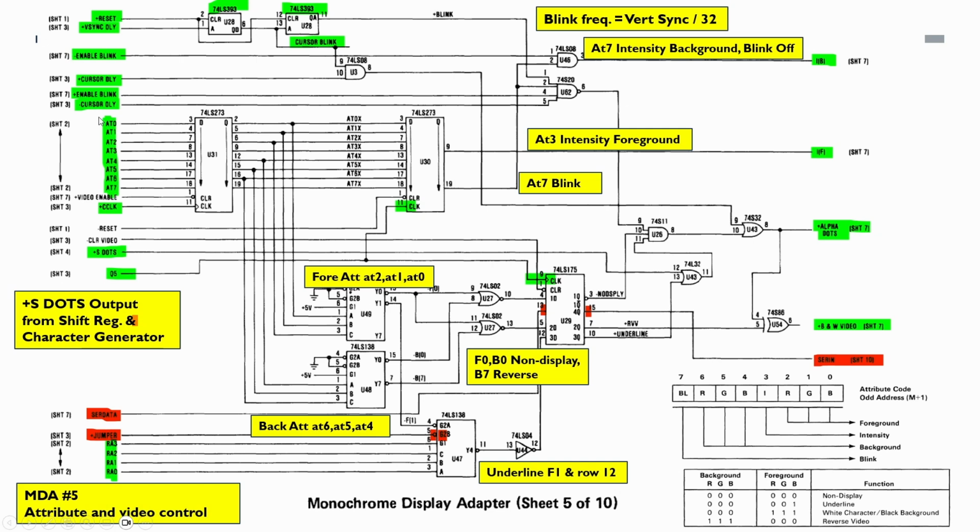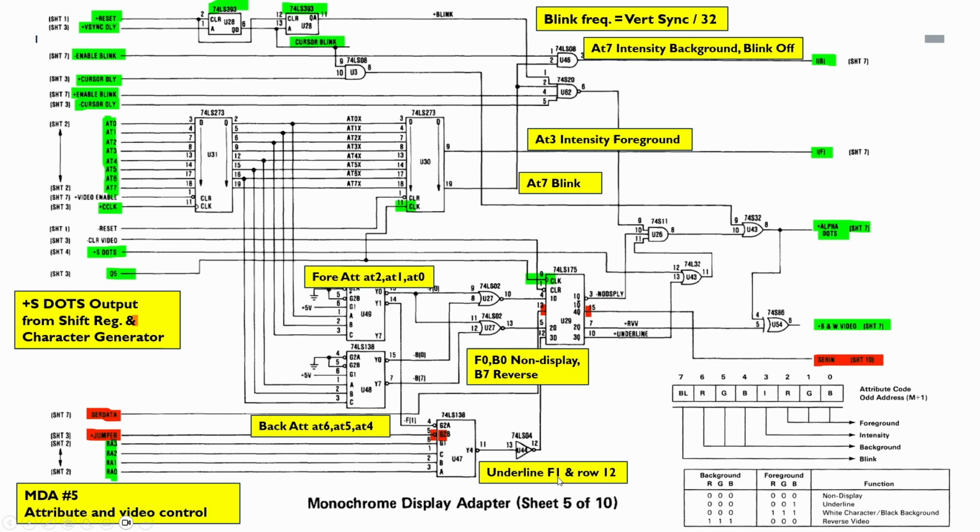The attribute video control takes the attributes out of the RAM, and there are a couple of latches here, which I'm not sure we need multiple latches for the purposes of what we're going to be doing. What this basically does is decode the attribute information, and these chips down here are working out whether or not we need underline, whether we've got reverse video, whether or not there's no display. So if it's 0000000, then there's no output.